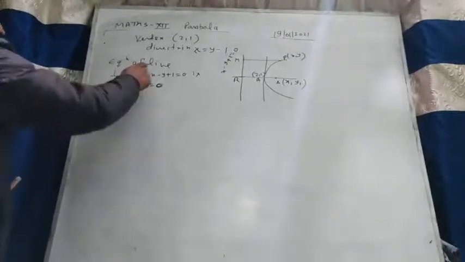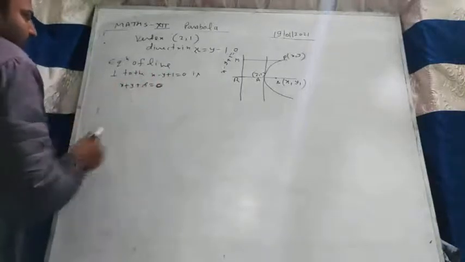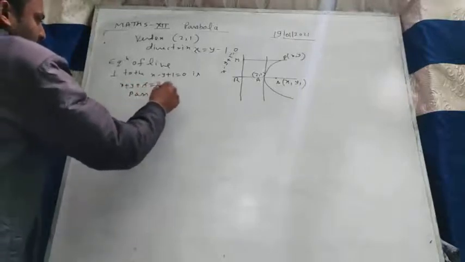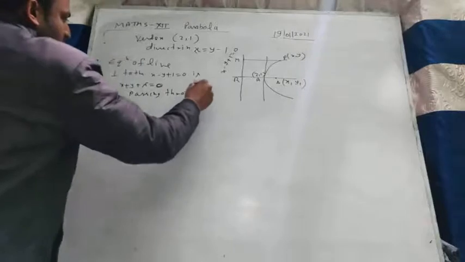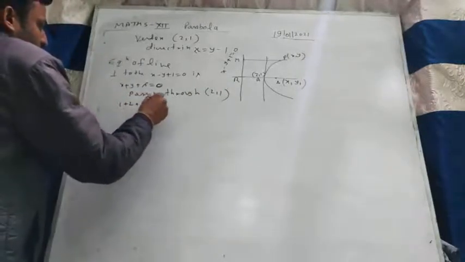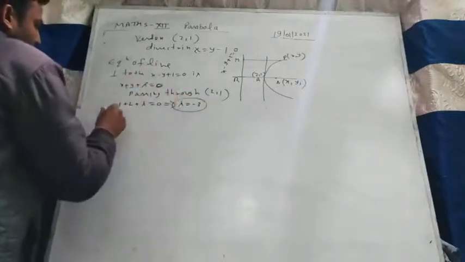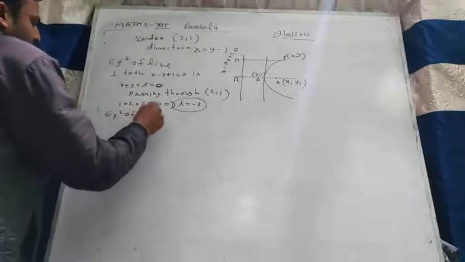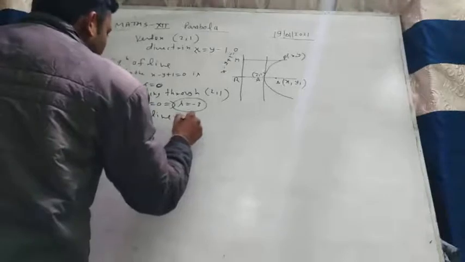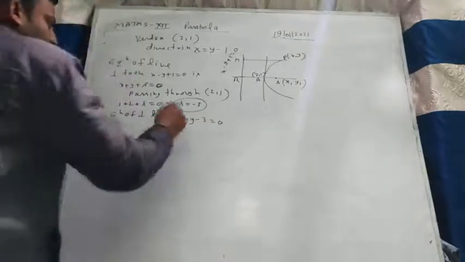So this is the equation of the perpendicular line to this, and this line is passing through 2, 1, so we write 1 plus 2 plus lambda is 0. This implies lambda is minus 3. So the equation of the perpendicular line is x plus y minus 3 is equal to 0.